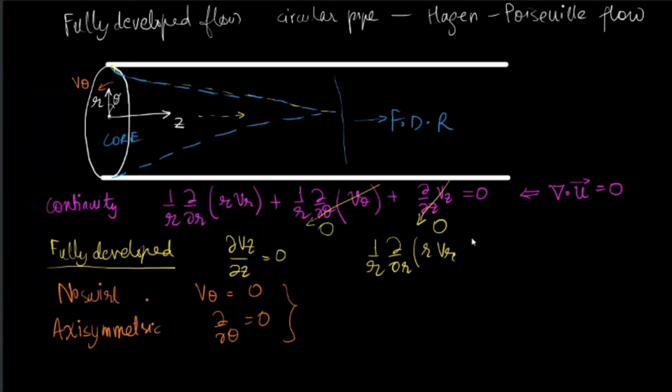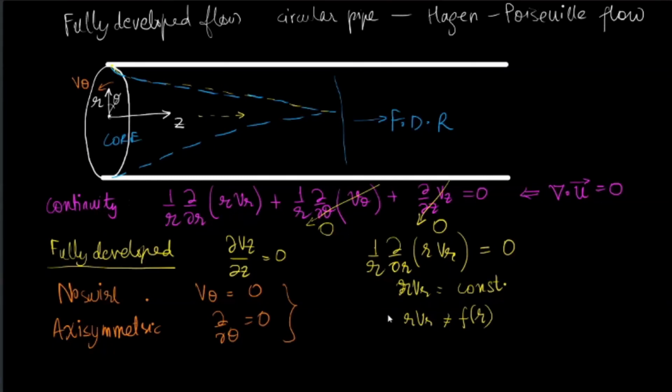So (1/r) ∂/∂r (r vr) is equal to 0. So this implies that r vr is equal to constant. That is, r times vr is not a function of r.